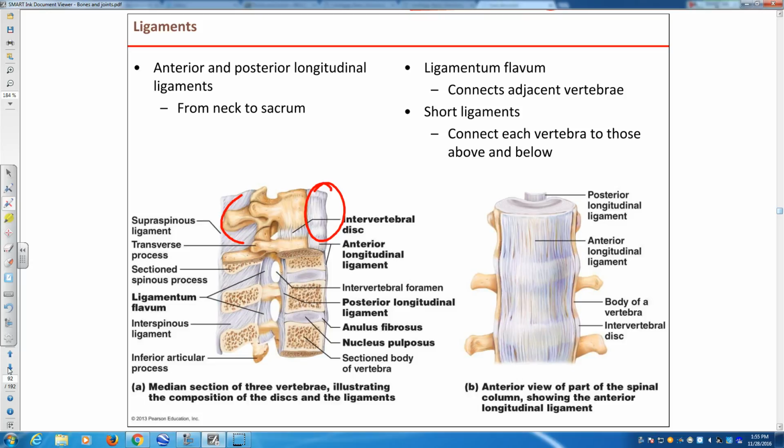You actually feel each one of them. You can count your vertebrae. Okay? So the front will be the body of the vertebrae. Ligamentum flavum is the short ligament that connects adjacent vertebrae. They're pretty short, okay?